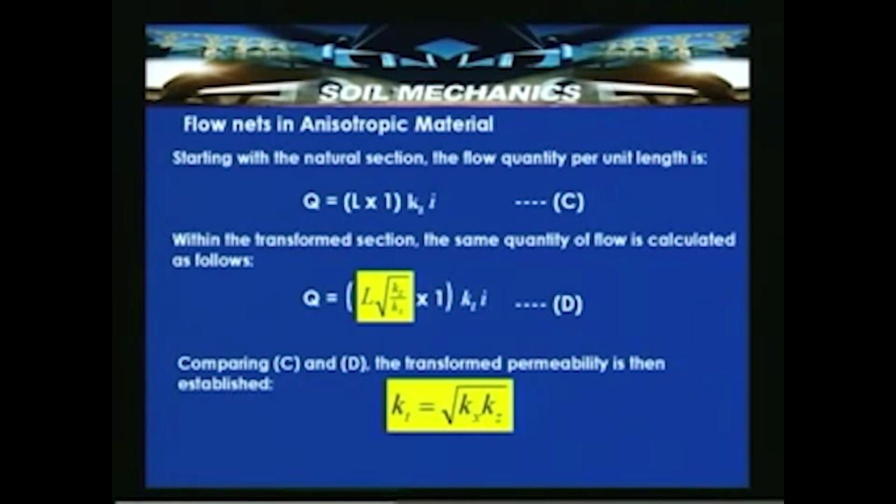Let us call that equation C. Within the transformed section, the same quantity of flow is calculated as follows, but now with the transformed length, L into root over kz by kx into 1, the area through which the flow is occurring, with a permeability kt but the same hydraulic gradient i.